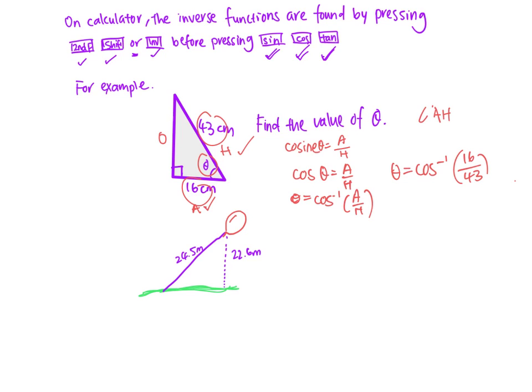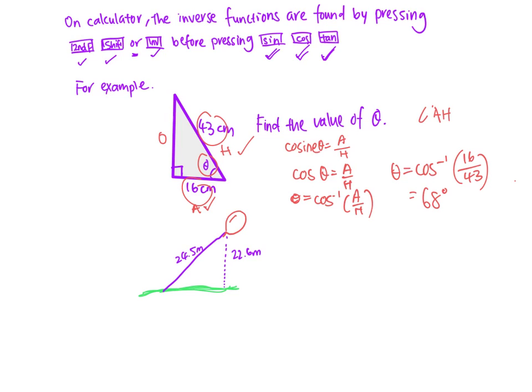In the open bracket, I'll put 16 divided by 43, and then put a close bracket, and then press enter. After I do that, I get 68 degrees as my answer. So that means the unknown angle is 68 degrees, and you pretty much got the unknown angle.